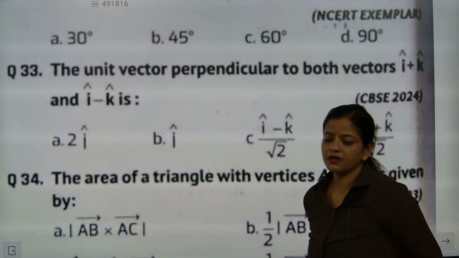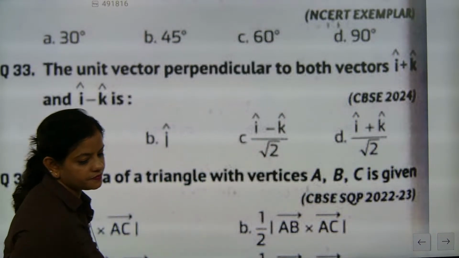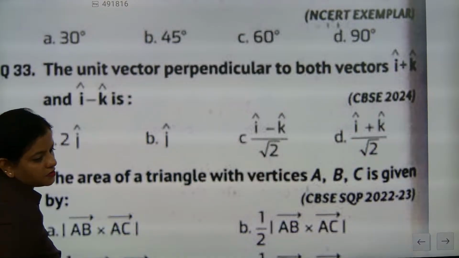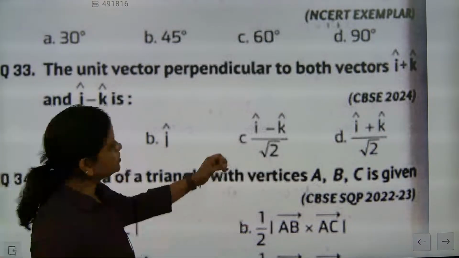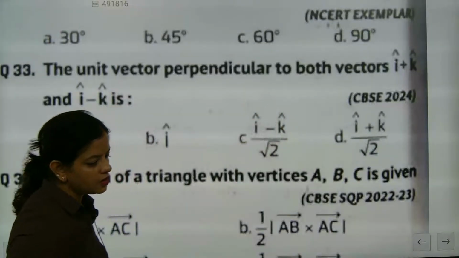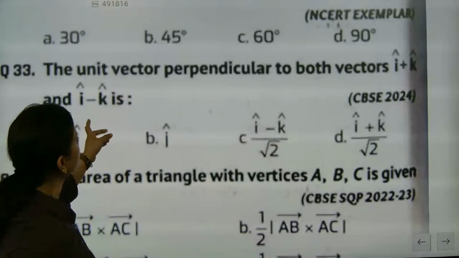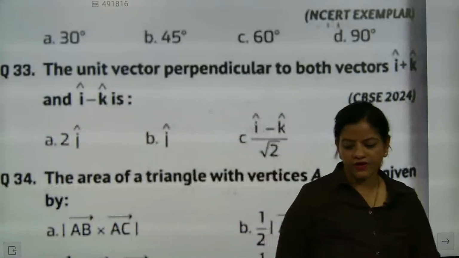What can be the unit vector which can be perpendicular to both the vectors? If we consider a unit vector perpendicular to this, that means the dot product will become 0. Another unit vector which is perpendicular, then the dot product of this will become 0. Then you have to find the value of that vector. That's it.